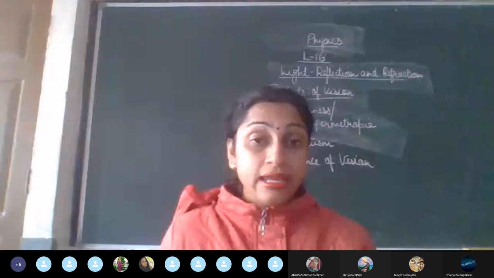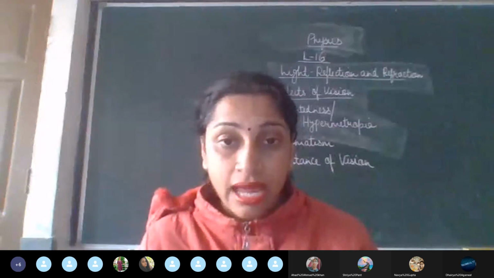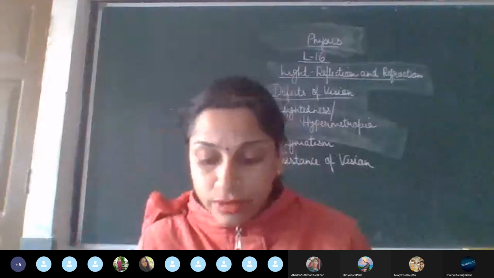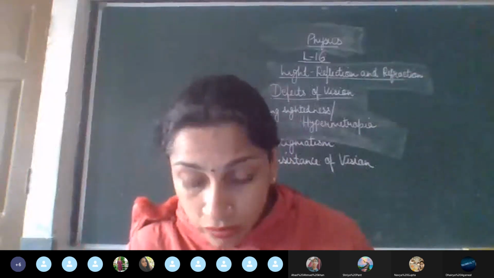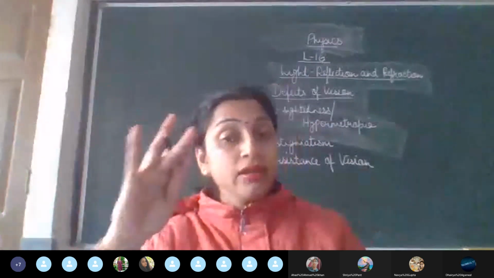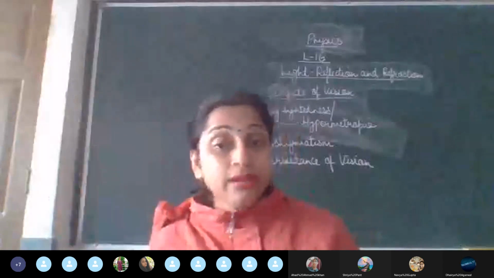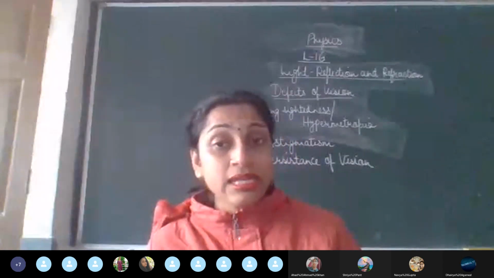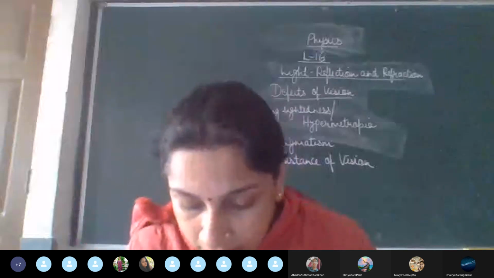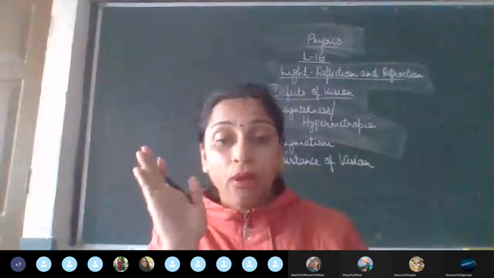Okay, now just again have a look at the diagram. In the third diagram, the one showing the defect, you can see that the parallel rays are not able to focus. In the previous two, the image formation was taking place, but in the wrong place. But here in the third one, the rays are not able to focus at any one point, and because of that the image formation is improper.